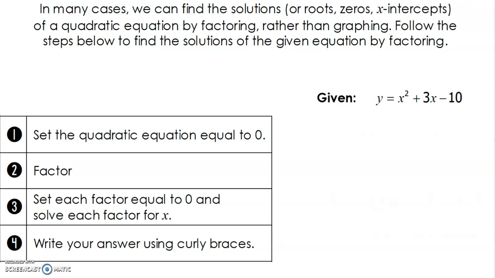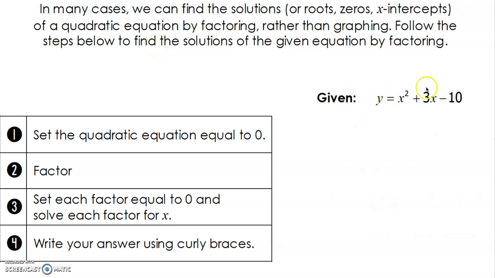So let's use that factoring method that we've used before and that zero product rule. We can find the solutions of a quadratic equation by factoring rather than graphing. We'll do graphing later. Follow the steps below.